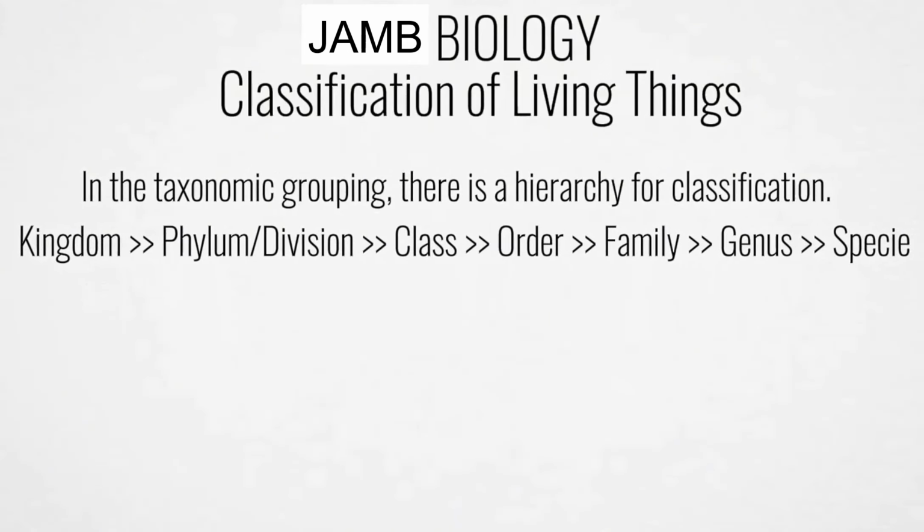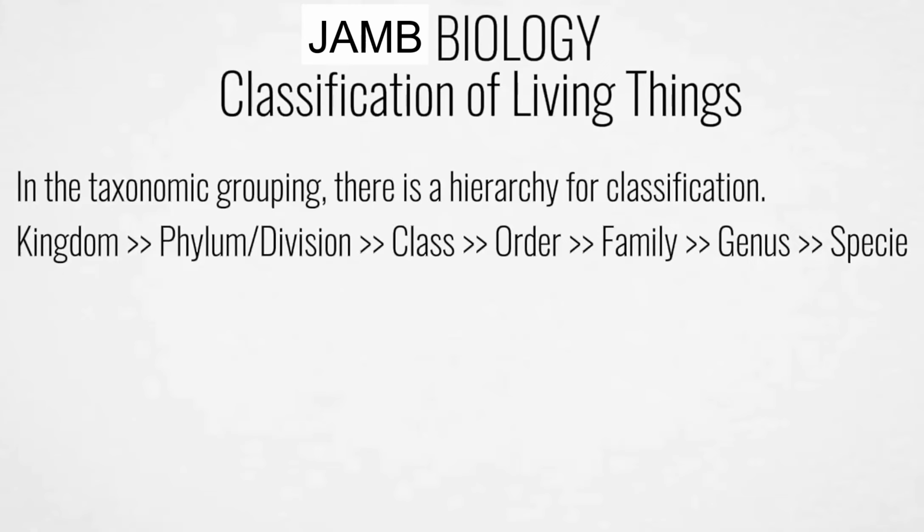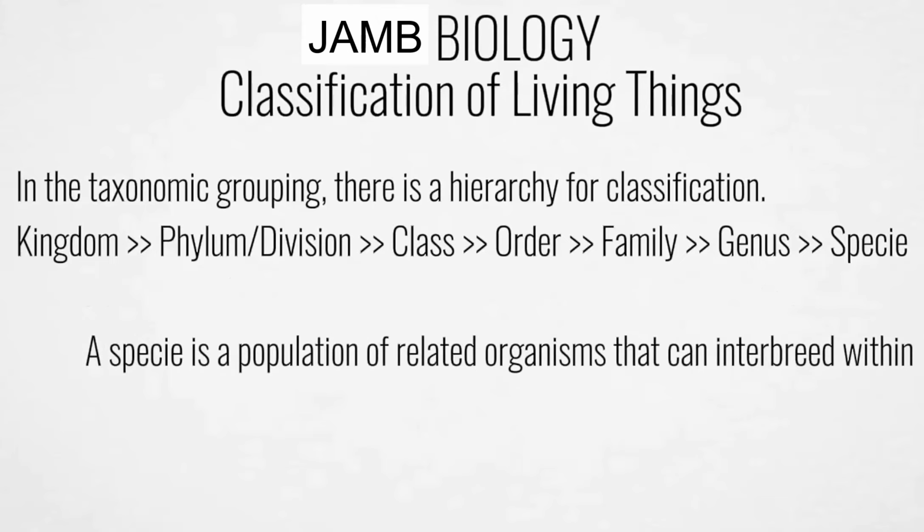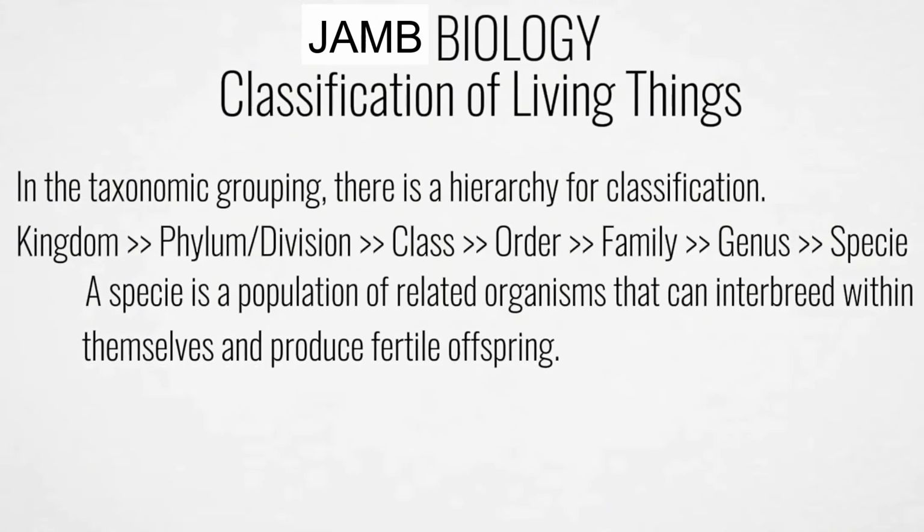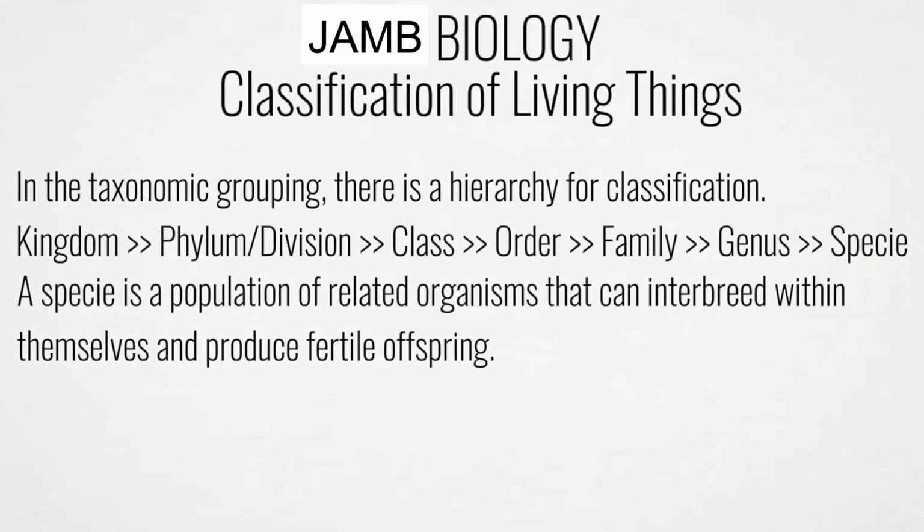So in the taxonomic grouping, there is a hierarchy for classification, starting from kingdom down to phylum or division, then down to class, then order, family, genus, and finally species. Actually, a species is a population of related organisms that can interbreed within themselves and produce fertile offspring.